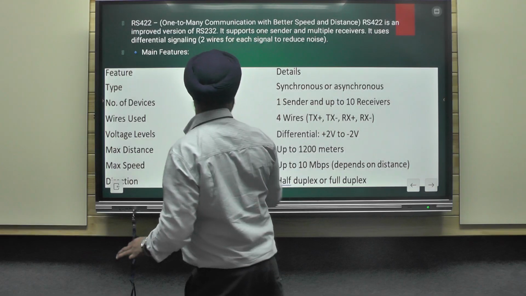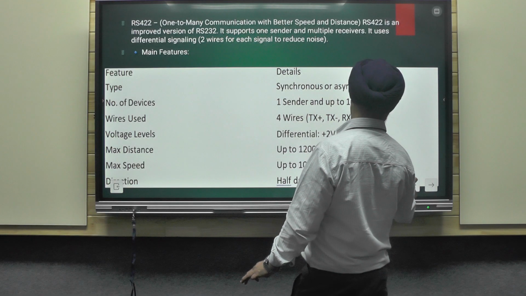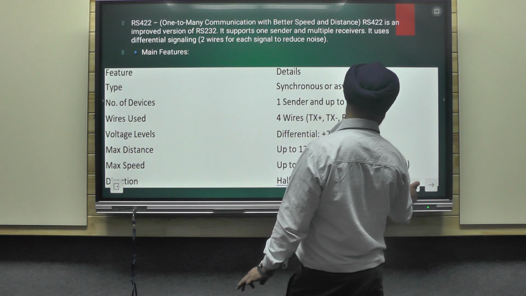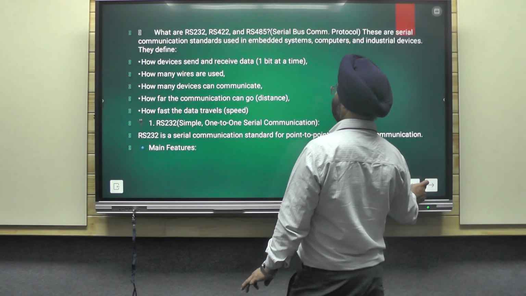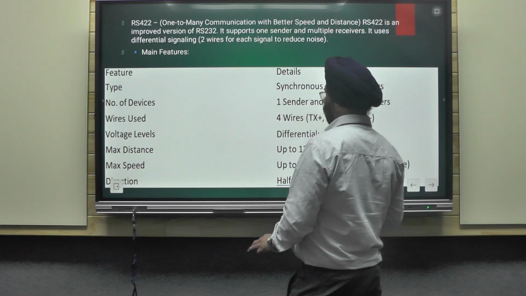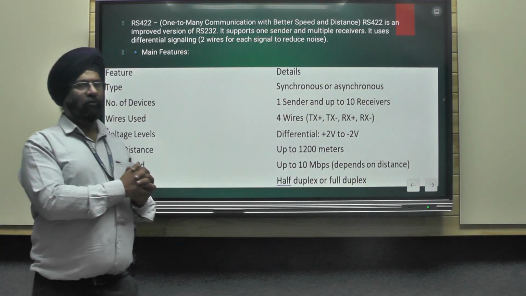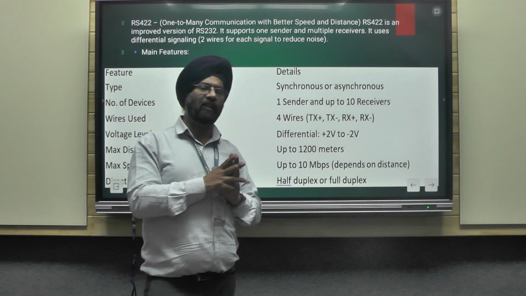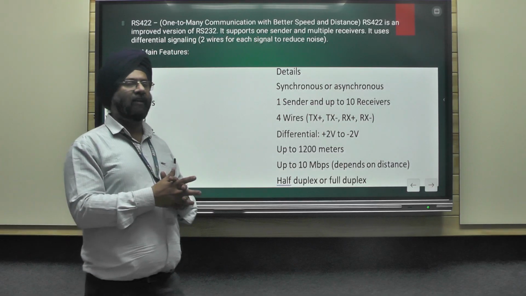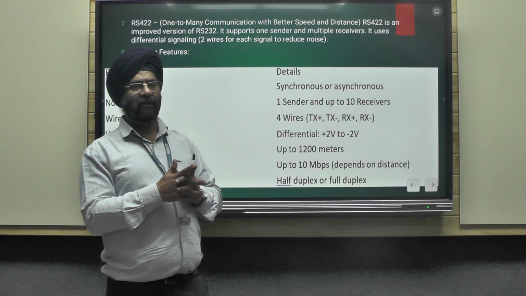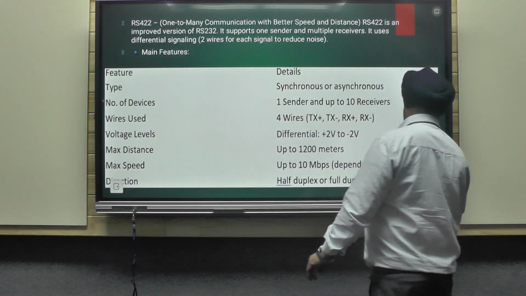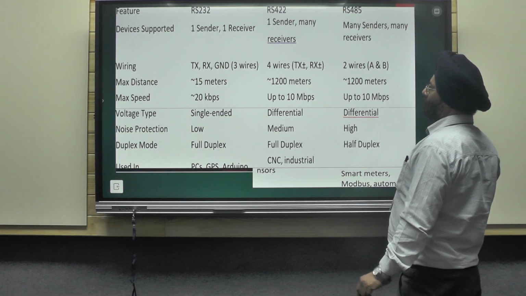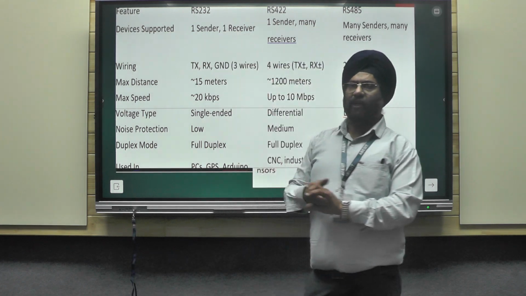The first one is, this is 422. I am just telling you, in RS232 distance wise it can cover a distance of up to 15 meters and the speed is very low. And this is our RS232.